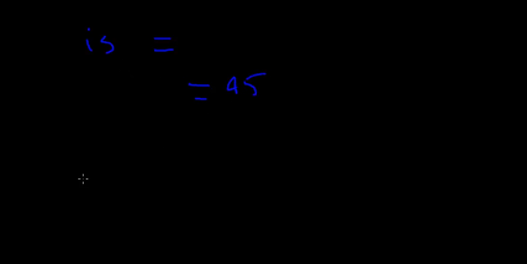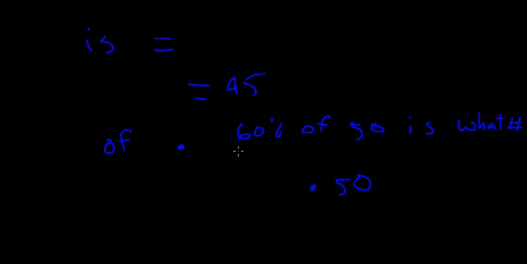That is, means equals. Of, we always use multiplication. So if I'm doing, we'll get into percentages later, but if I'm doing 60% of 50 is what number? Right? 60% of 50, this would be times 50, and the way we write 60%, 60 over 100. And then here's our is again, so we have equals.